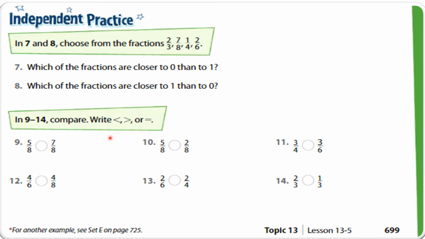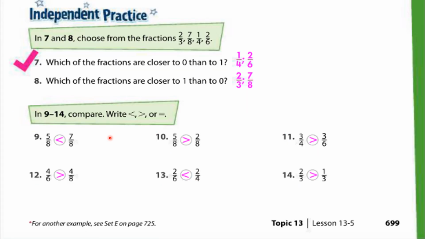So just pause this video right here, quickly finish comparing the fractions, and then we will go to the next page. Okay, so I hope you are done with your comparison, and I hope your answers are the same as mine. If not, you can correct your answer and you can ask me for help anytime if you are confused about any question.